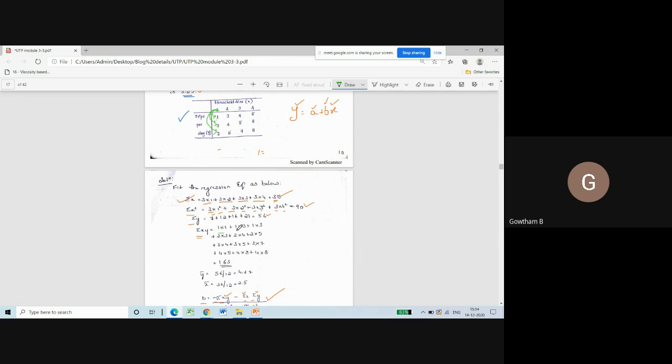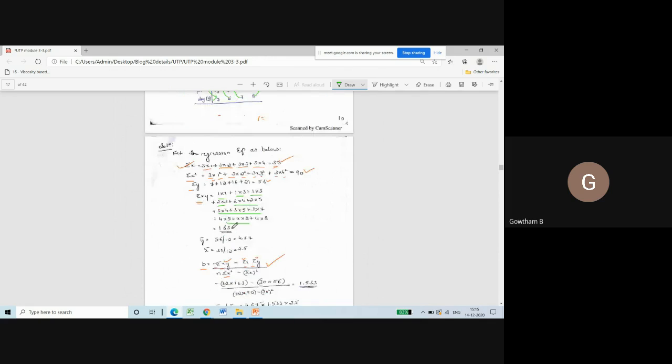Then, repeat the same step: 2 into 3, 2 into 4, 2 into 5. I did it here. Next, 3 into 4, 3 into 5, 3 into 7. I did it here. Last, in a similar way, 4 into 5, 4 into 8, 4 into 8. We just did x into y. And after adding all this, you are going to get the summation of xy.